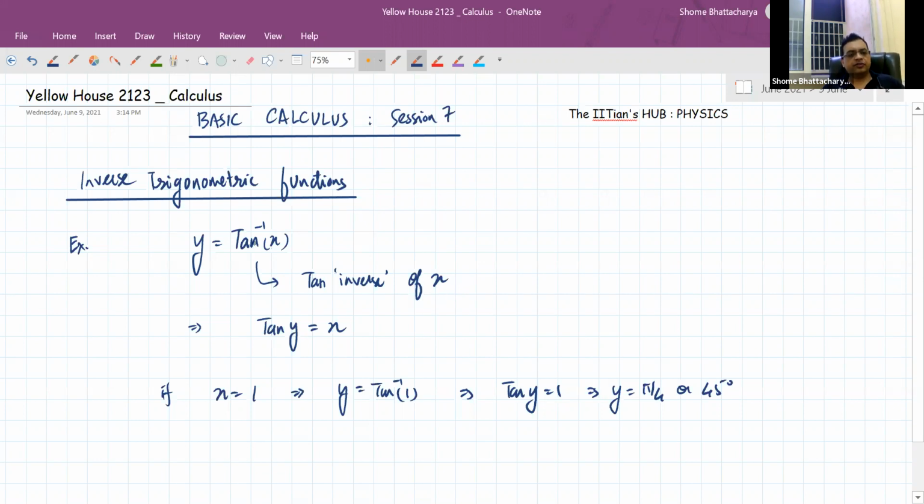In the case of a function, remember, it is not allowed that for a value of x we should have multiple values of y. For a given value of x, there should be only a unique value of y, which means only the primary solution is considered.